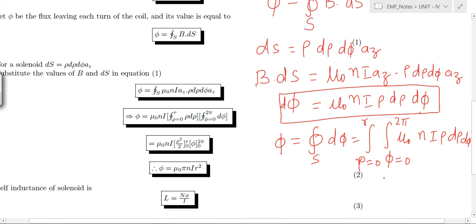So after integrating and substituting the values of all the parameters, we are going to get mu naught n into I, which is constant, so I brought these values out of the integral. Rho varies from 0 to r, rho d rho, phi varies from 0 to 2 pi d phi.